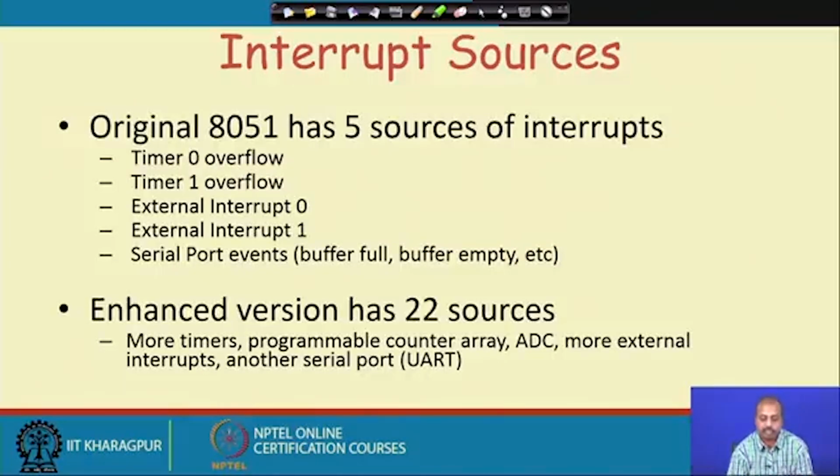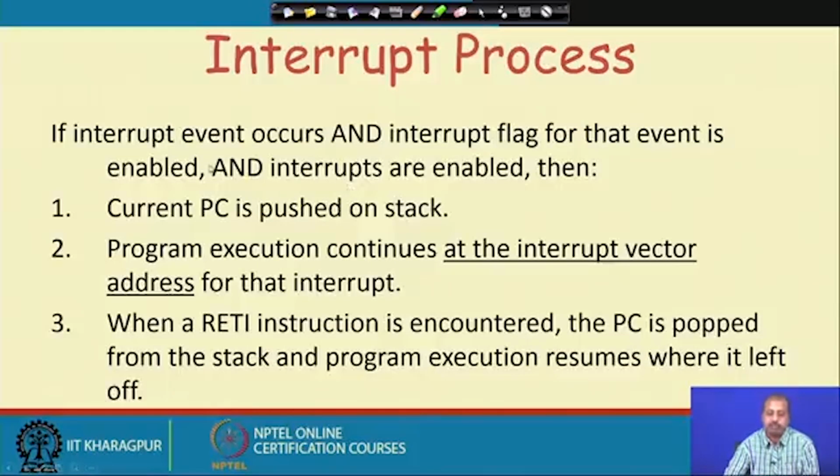There is an enhanced version of 8051 that has 22 different sources, with more timers, programmable counter arrays, ADCs, more external interrupts and serial interrupts. But the basic 8051 has only 5 interrupts, and we will try to understand how these 5 interrupts operate.